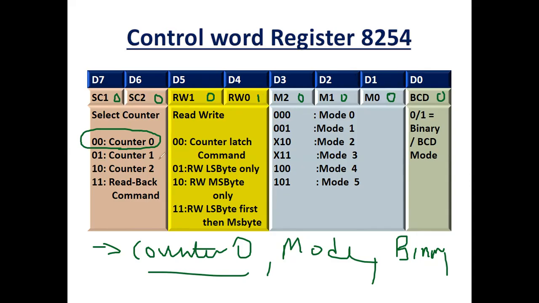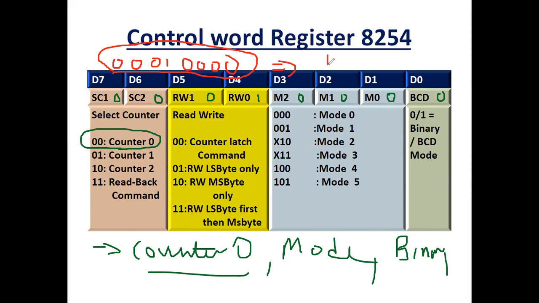So now next, what will be the pattern? The pattern is 0, 0, 0, 1, 0, 0, 0, and 0. So this is the control word format. And what is the hexadecimal value of this binary?